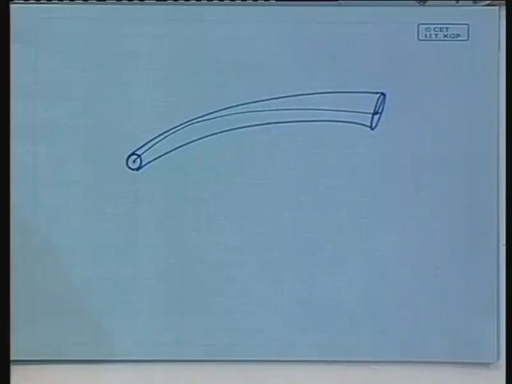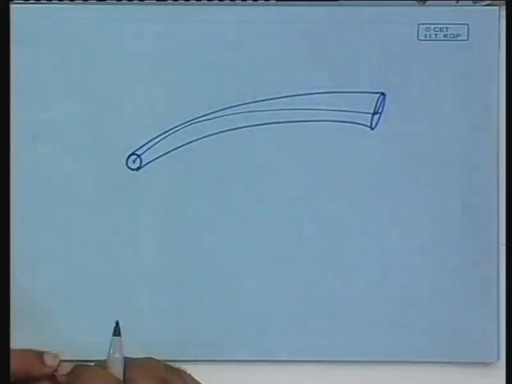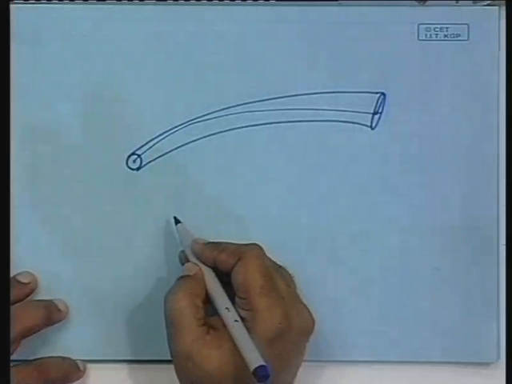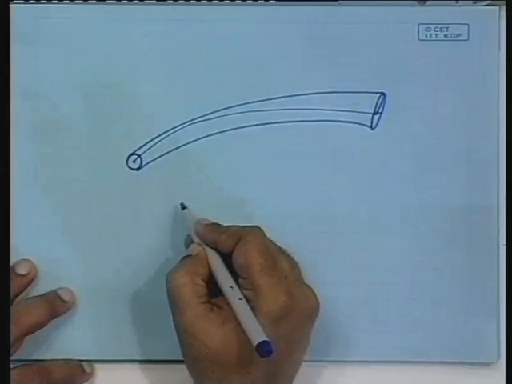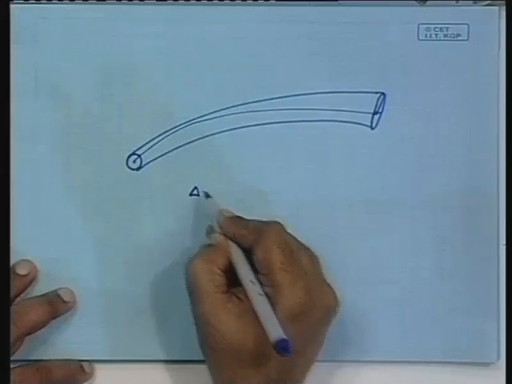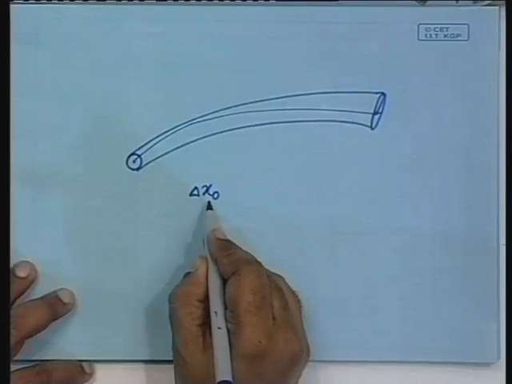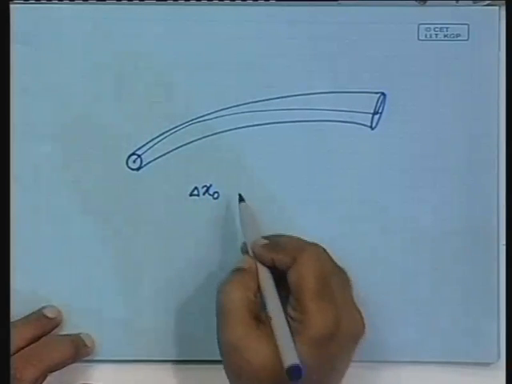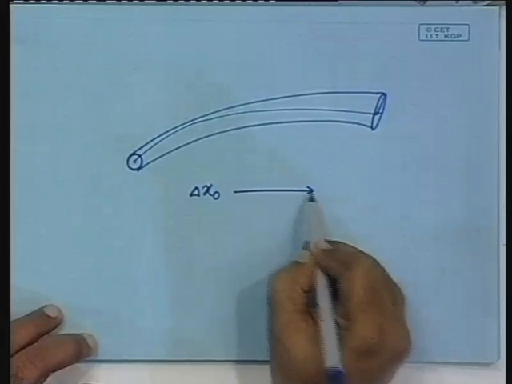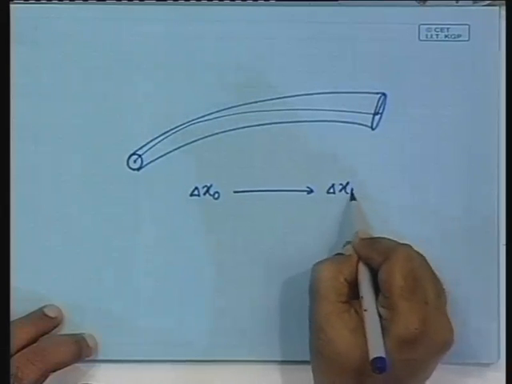Then we can say that the separation between 2 points, let us write the initial separation as delta x naught, goes into delta x at some time t.